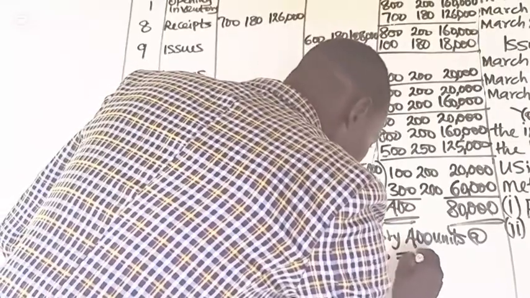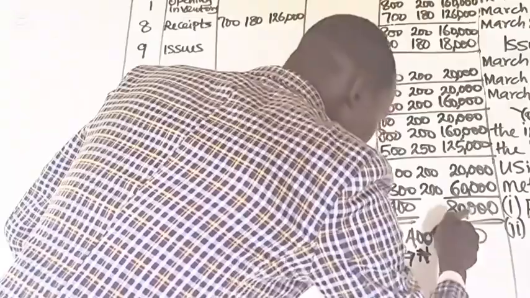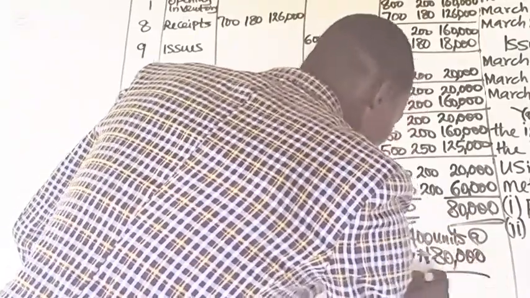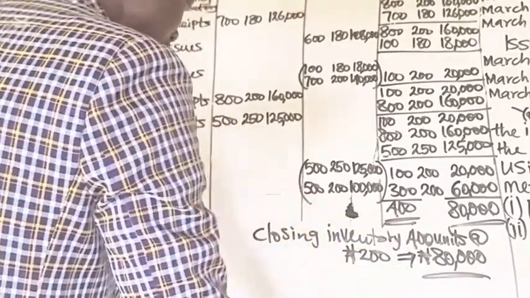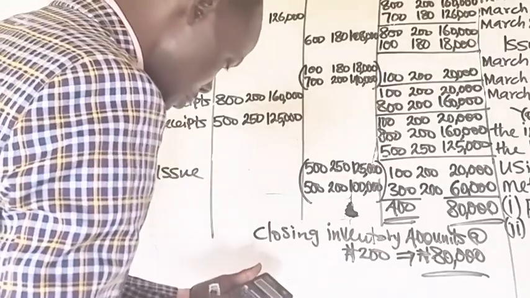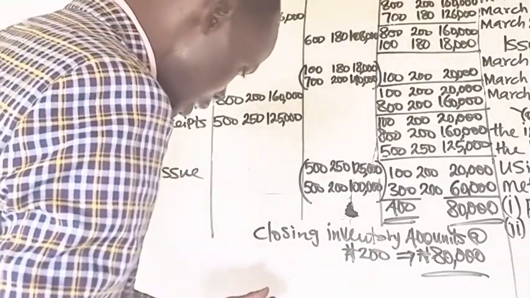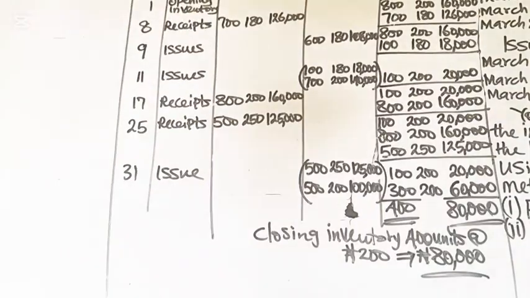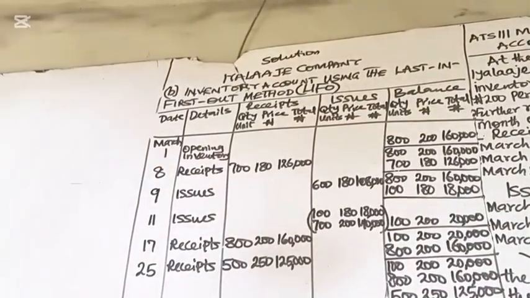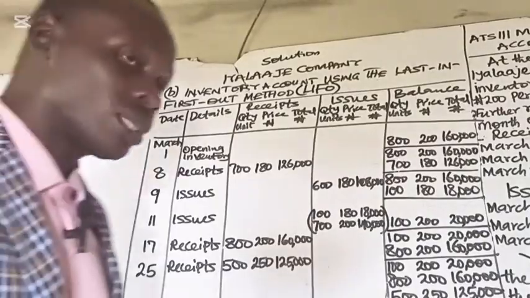So giving us 80,000. So that means if you say 400 times 200, it will equally give you 80,000. So that is the end of the solution to the question.